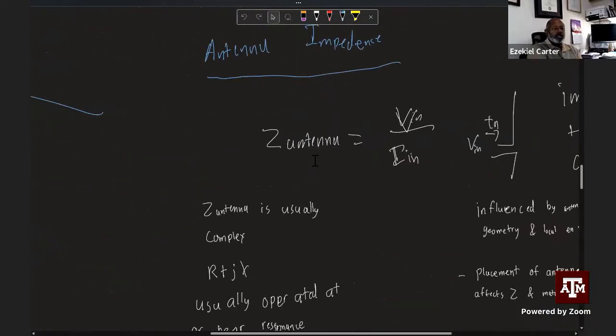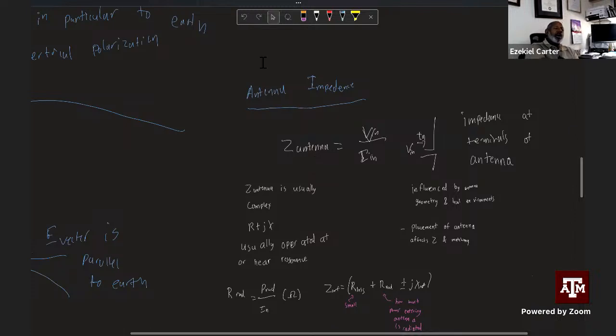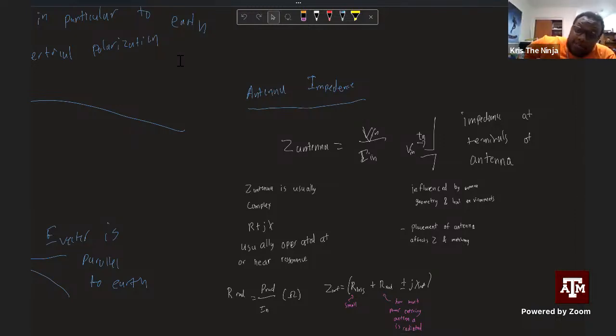Is there a demand on whether it should be parallel or perpendicular? I believe it's both. It depends on what your application is and what the antenna is itself. We didn't really get into it that deeply, so I don't think we'll be tested over it too much.